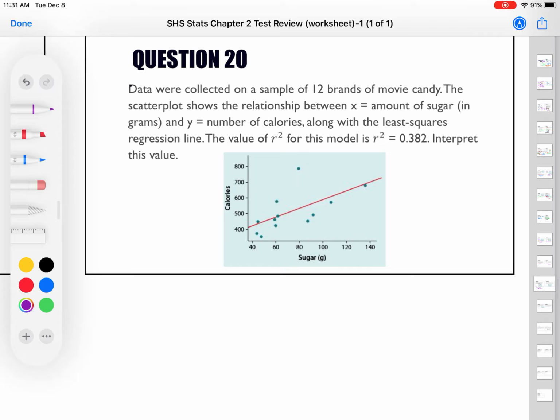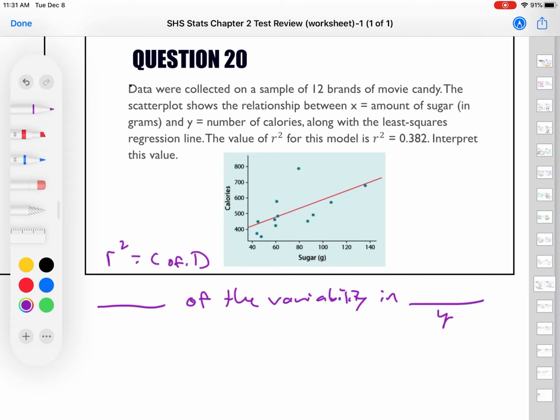So same thing, but they want to know what R squared is. R squared is the coefficient of determination. And we have that sentence: blank of the variability in the Y is accounted for by the least squares regression line.